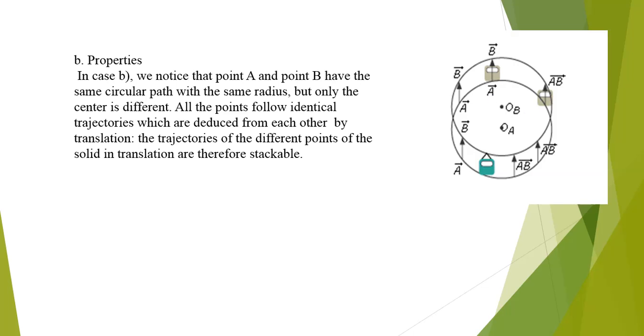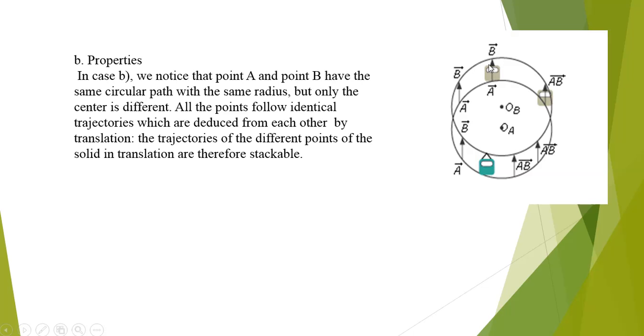For example, A and B in this figure follow identical trajectories, that is, circles which are deduced from each other by translation. If we consider the circle described by B and the circle described by A, we can obtain the circle relative to B from the circle relative to A by translation, and the vector of translation used is the vector AB.